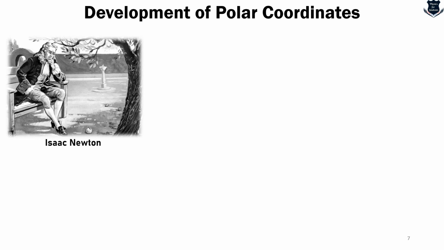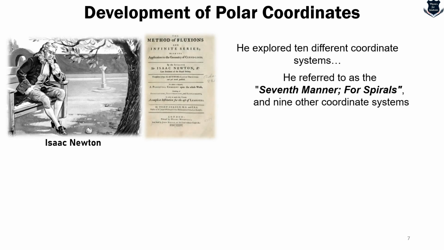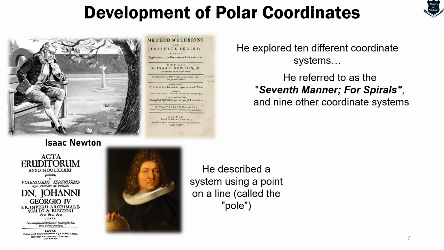In Methods of Fluxions, written in 1671 and published in 1736, Newton examined the transformation between polar coordinates, which he referred to as the 7th manner for spirals, and 9 other coordinate systems. So a total of 10 coordinate systems were perceived by Isaac Newton and referred to in Methods of Fluxions.